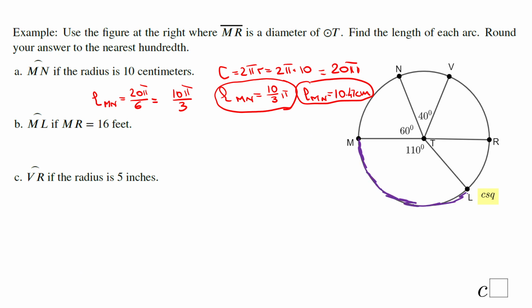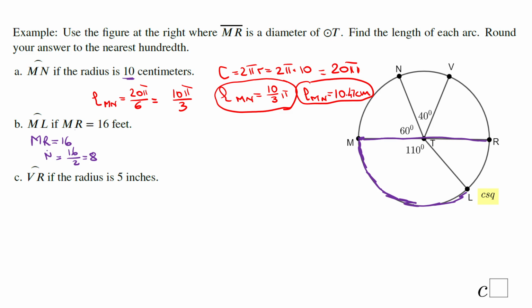Okay, but now be careful, MR, which now is the diameter, by the way, is 16. So first of all, if MR is 16, the radius of the circle will be changed. It's not going to be 10, by the way, like this. Be careful, it's a different type of problem using the same picture. It's going to be 16 divided by 2, which is 8.